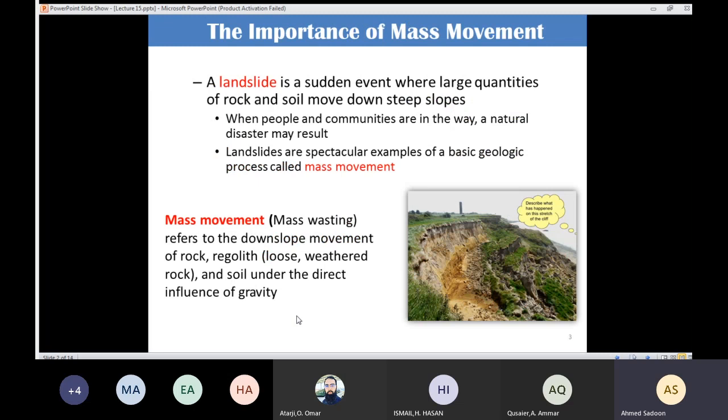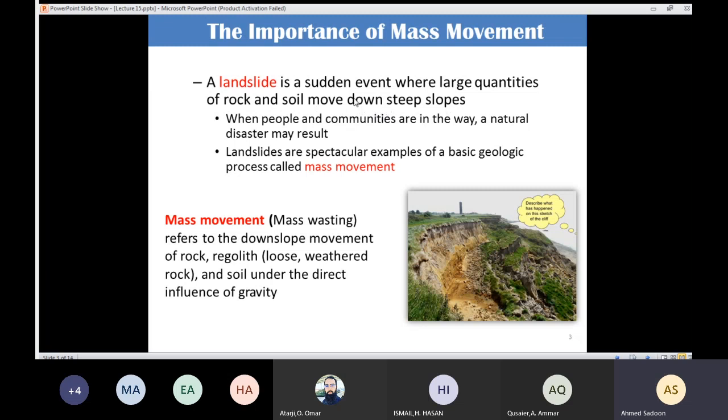Also, we have the term landslide. Landslide is the basic geological process of mass movement. So landslide is a type of mass movement. In the landslide, we are going to see a sudden event. The event itself is going to take place quickly, and we are going to see large quantities of rock and soil move down steep slopes.